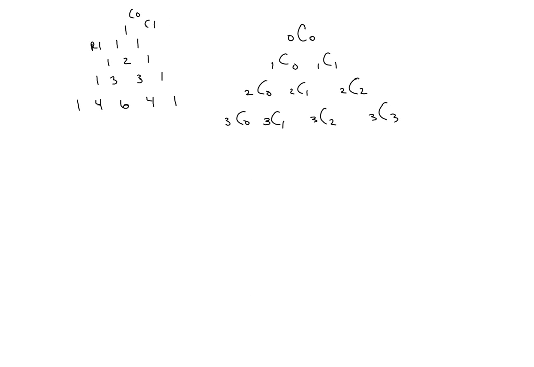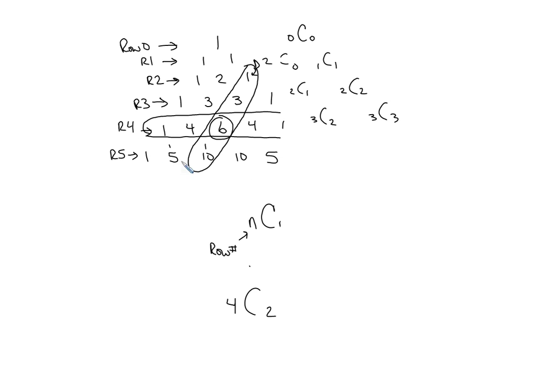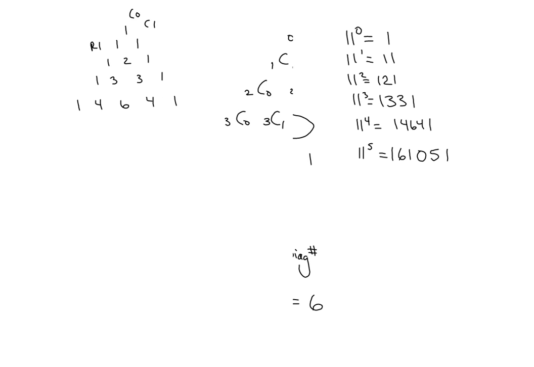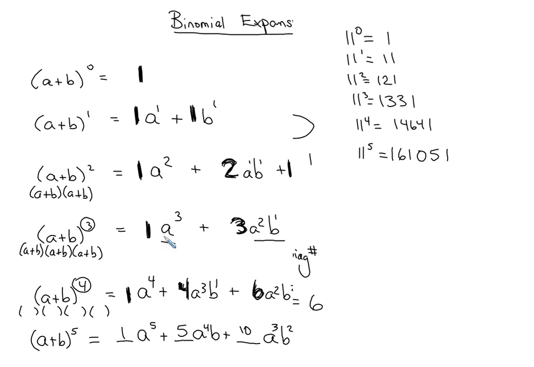If I go back to row 5 of Pascal's triangle, there's our 1, 5, 10, 10, 5, 1. If you want a plus b to the third, you go to row 3 of Pascal's triangle, 1, 3, 3, 1. There's our a plus b to the third, 1, 3, 3, 1. So that's where the coefficients come from. So do you guys see how we expand these so easily? You follow the pattern with the letters, and then you go back and you get the coefficients from Pascal's triangle.